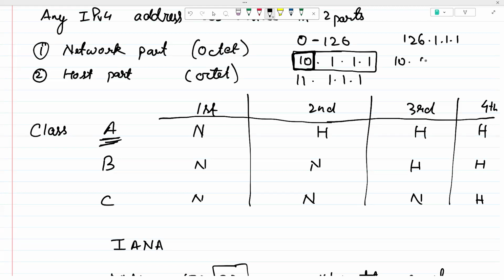So 10.0.0.1, 10.0.1.1, or 10.100.100.100, all of them belong to the same network octet, that is 10.